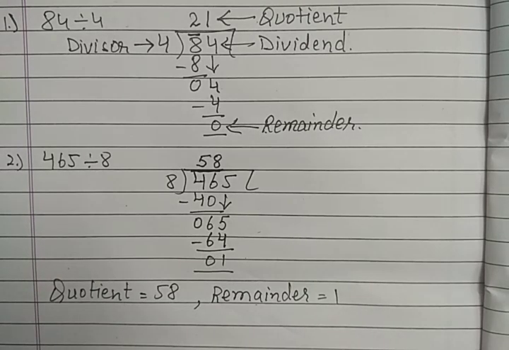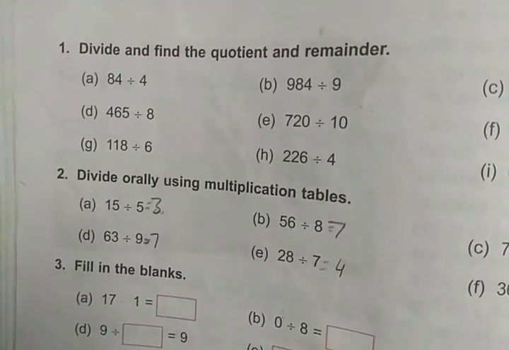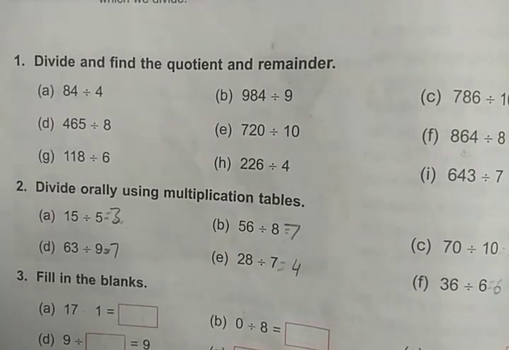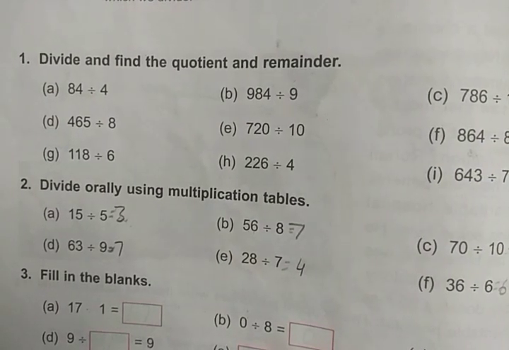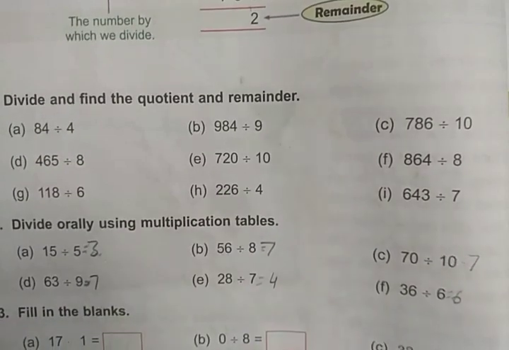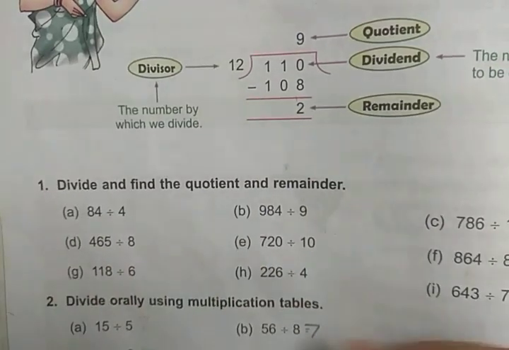So here we have Unit 4, and there are some questions for practice that we have done in class 3rd or in the previous class. We have also learned how to divide them orally.